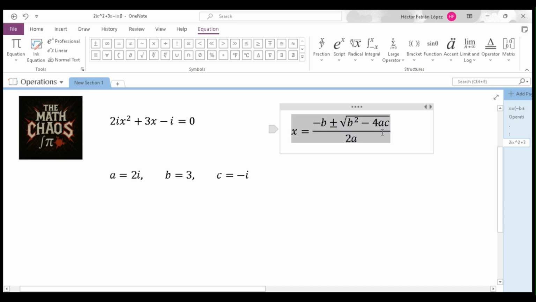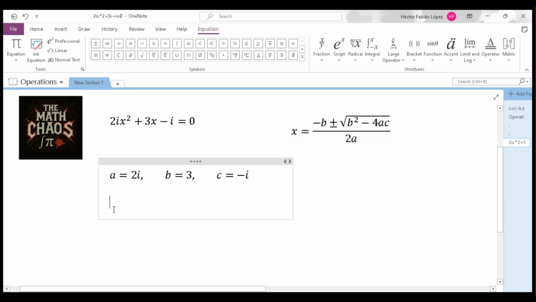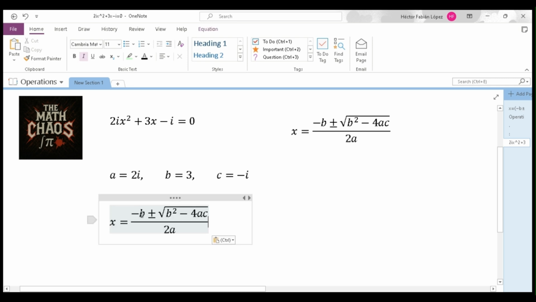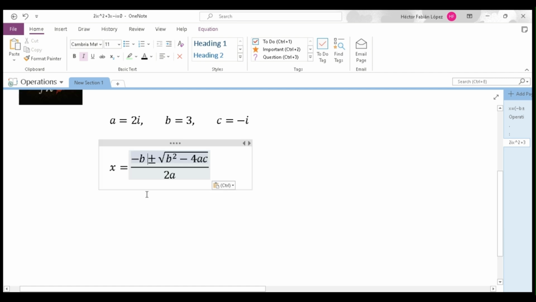Let me copy this. Okay, here we have it. a is equal to 2i, and then we replace it, 2i, and here 2i.